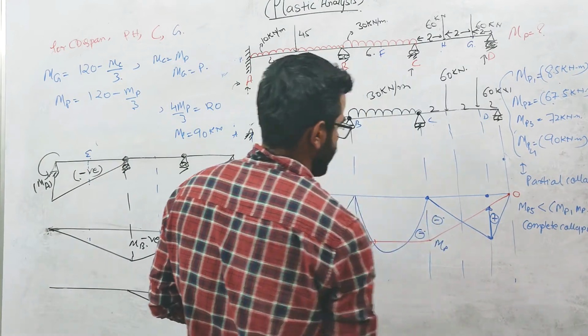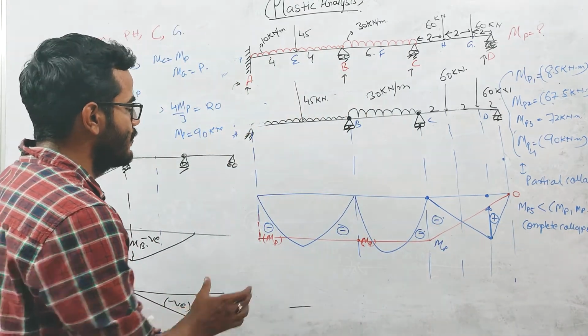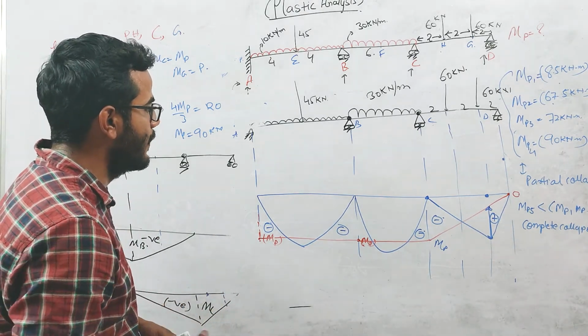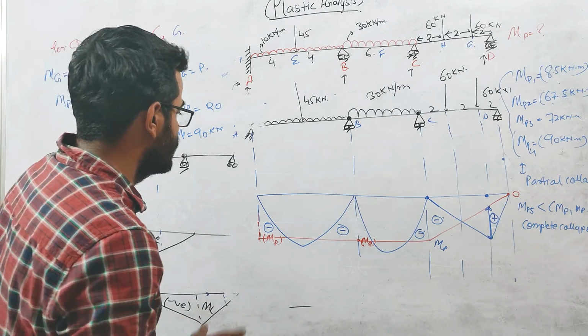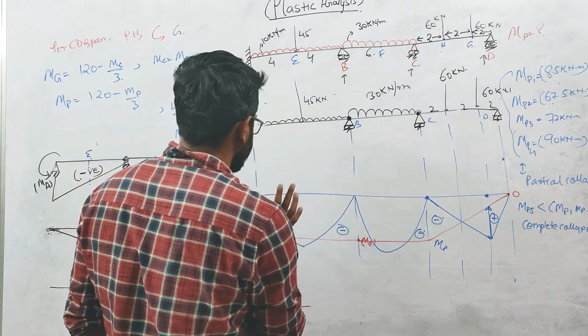We just overlap the bending moment diagrams: this is due to the reactant force where the plastic hinges are forming, and this is due to the individual load.